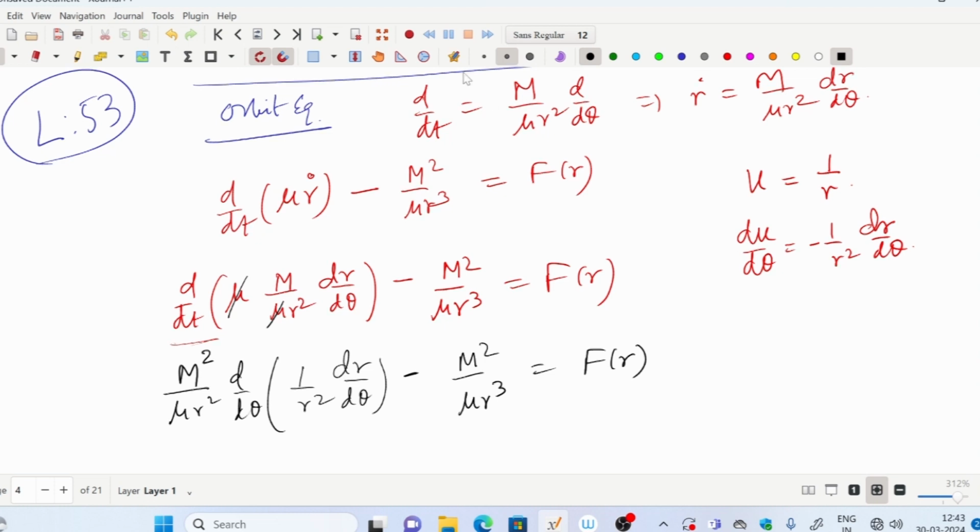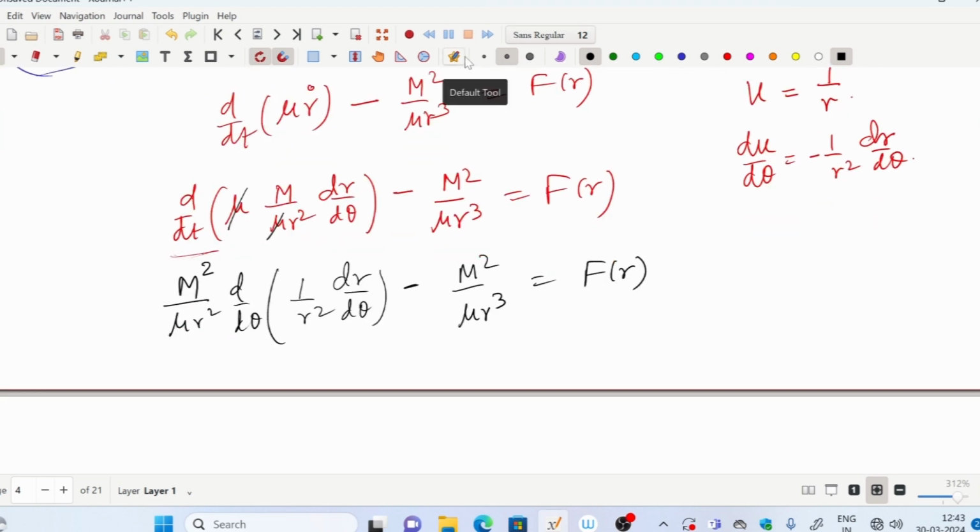So after simplifying this, we will be using this change of variable, u equal to 1 over r.